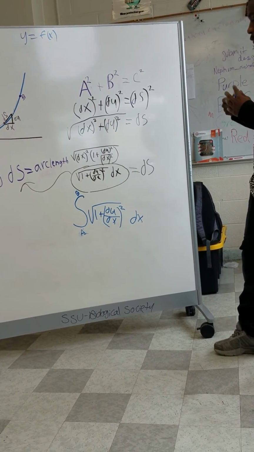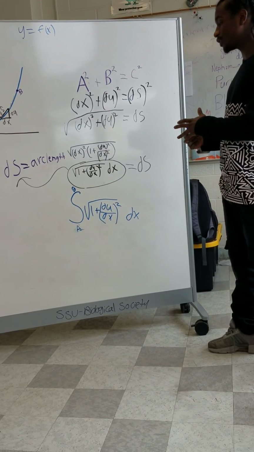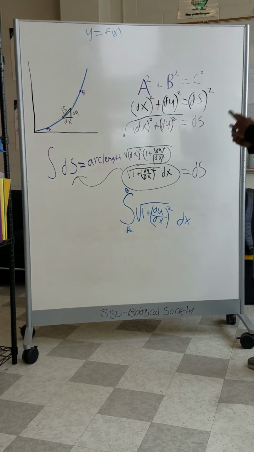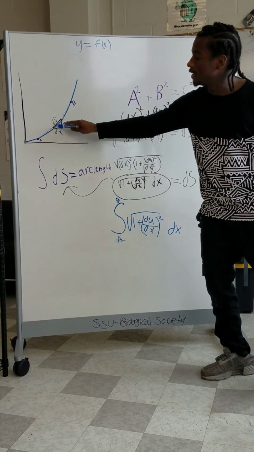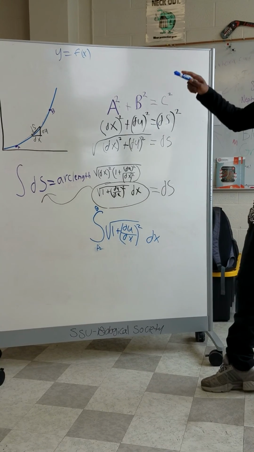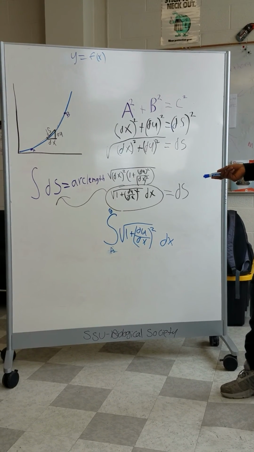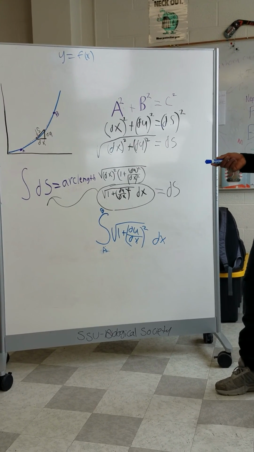Now, what we can do is go from our approximation and go back into an actual measurement for what all the ds's are. We can integrate all the ds's infinitely. That is arc length. That's how we get it. That's how it works. Thank you.